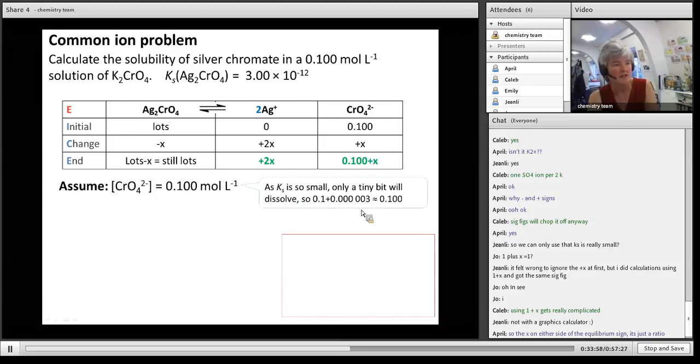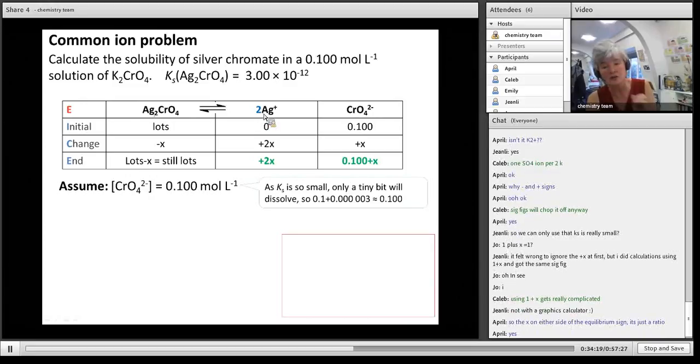I sort of had worked it out, and it's still going to be, even within 3 significant figures, 0.1. So the x on either side, it's just a ratio. Yes, so we're saying for x amount of this that dissolves, I'm going to get twice as much of silver. The ratio I think you're referring to is the stoichiometric ratio. So for every one of these, I'm going to get 2 of those and 1 of those.